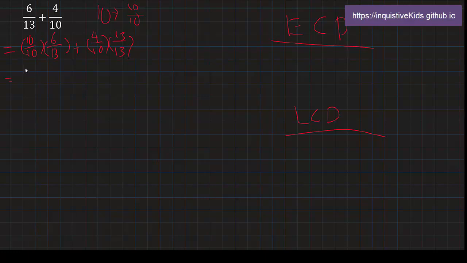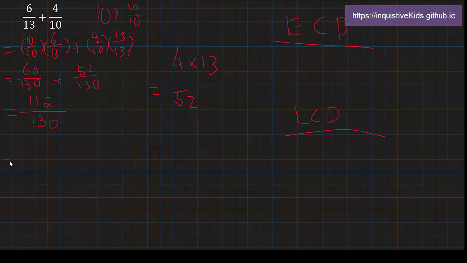The 6 times 10 is 60, and on the denominator is 13 times 10, which is 130, plus the 4 times 13 is equal to 52. So that would be 52 over 130. We add the numerators, which would become 112, and then the 130 stays the same.